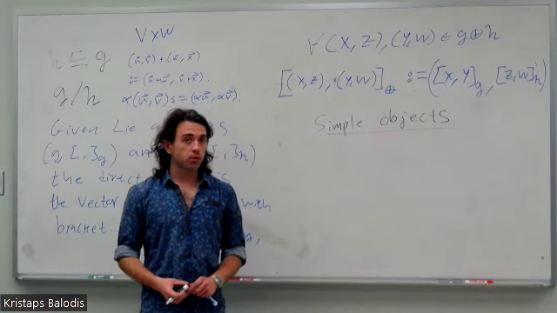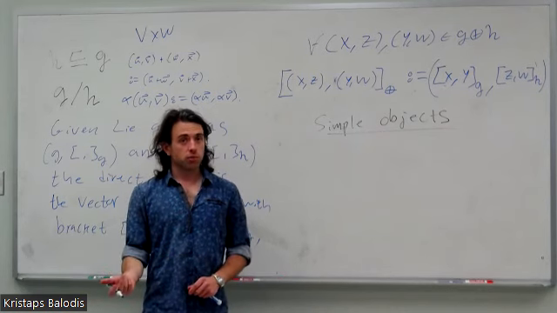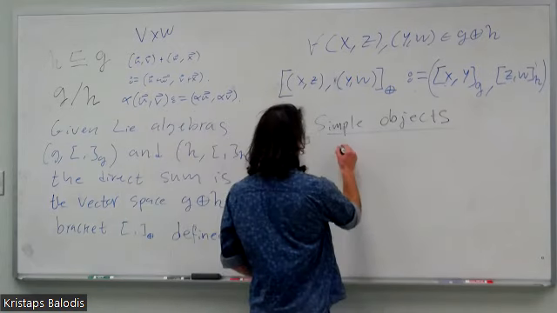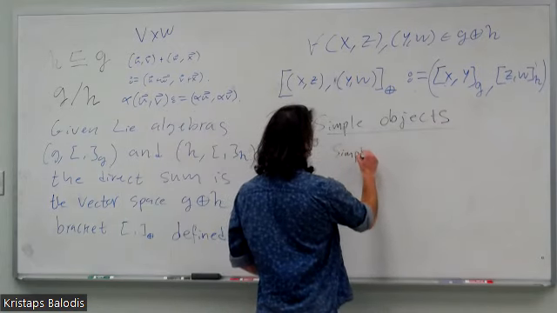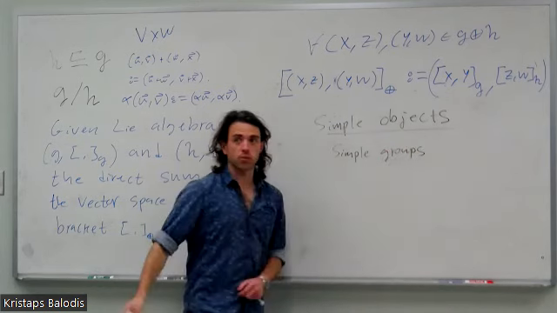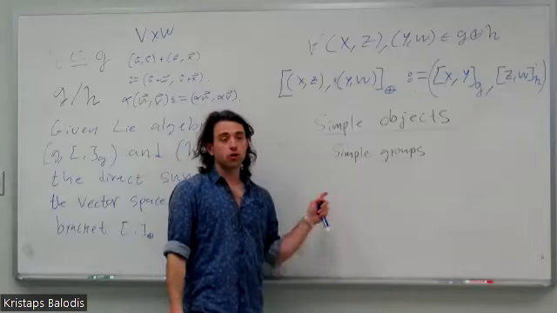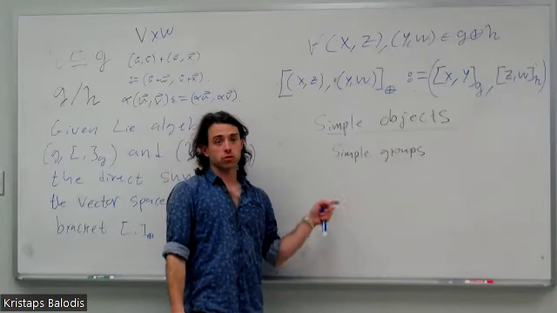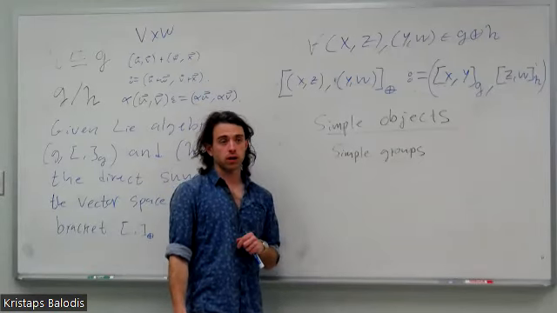For example, in group theory, we have what are called simple groups. Those are the simple objects. Those are the groups that have no non-trivial normal subgroups, right?